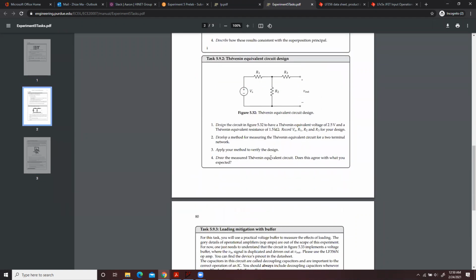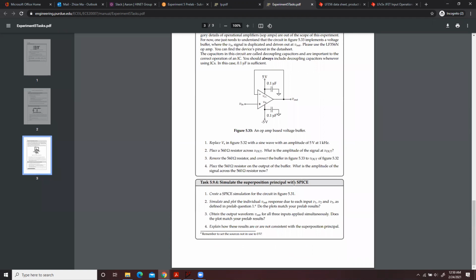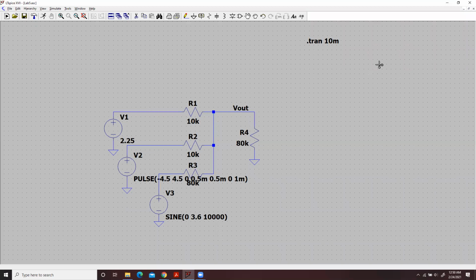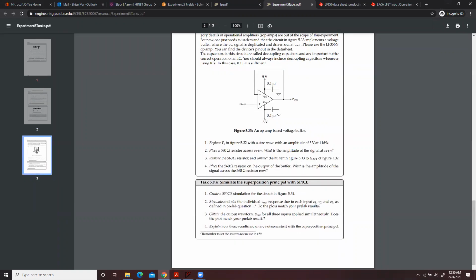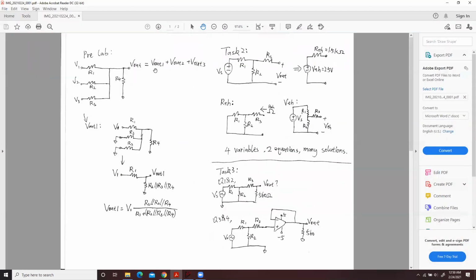Let's talk about task 4 first, where you will build the pre-lab circuit in LTspice. Basically, you will build something like this. This is the circuit in your pre-lab, and you need to plot the individual Vout due to V1, V2, and V3, which means you need to plot Vout1, Vout2, and Vout3.